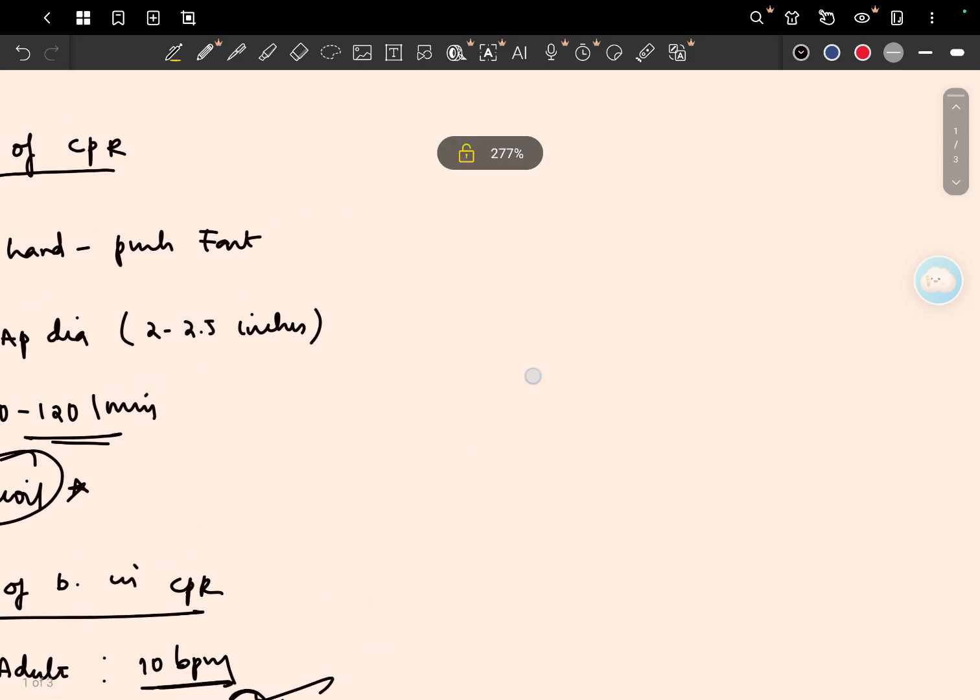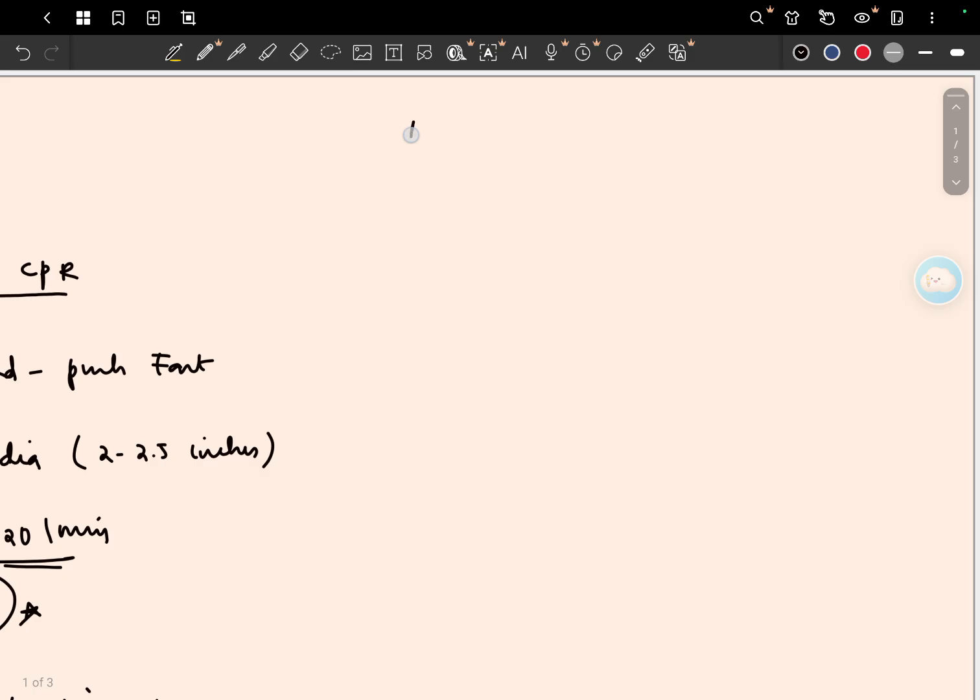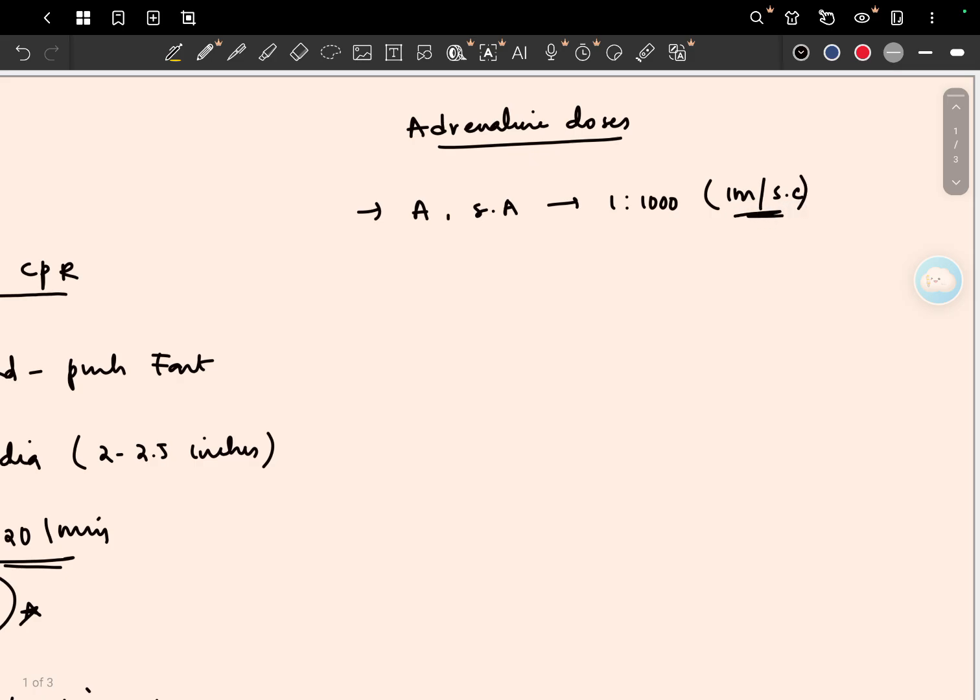Now we will talk about adrenaline doses. Generally in anaphylactic shock or status asthmaticus, we'll be giving 1:1000 by IM or subcutaneous. This is very important.